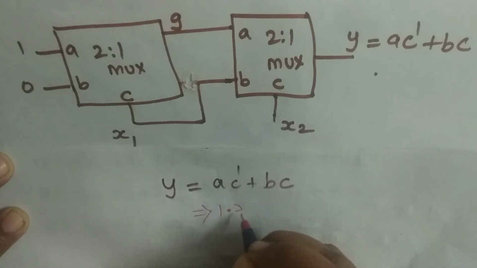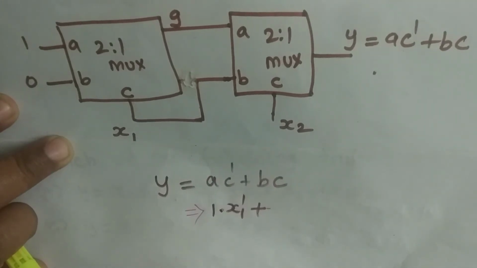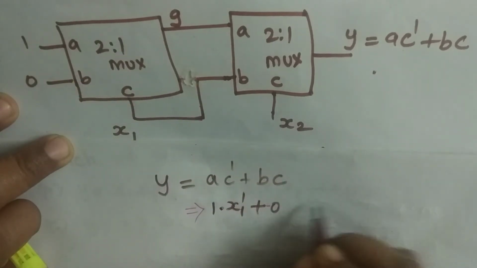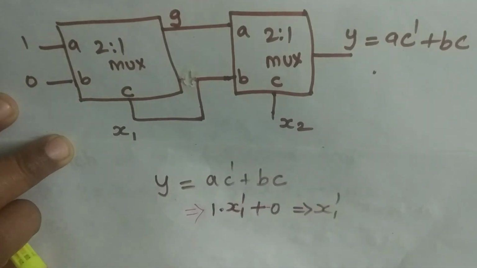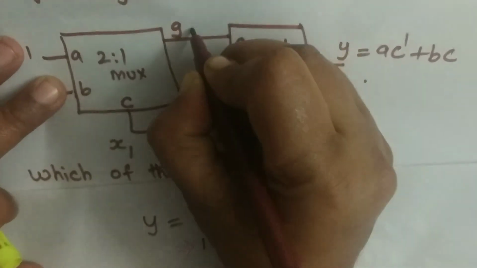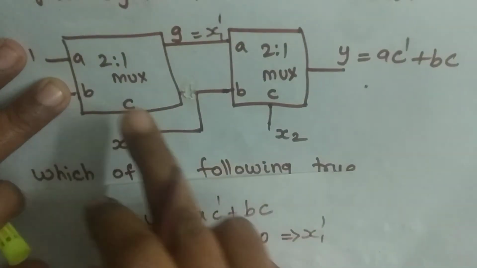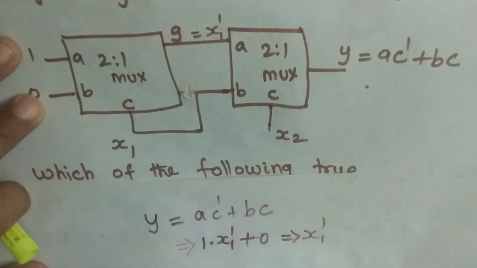So C dash is x1 dash plus BC. B is 0. So this is equal to x1 dash, isn't it? So the output of the first mux is x1 dash.